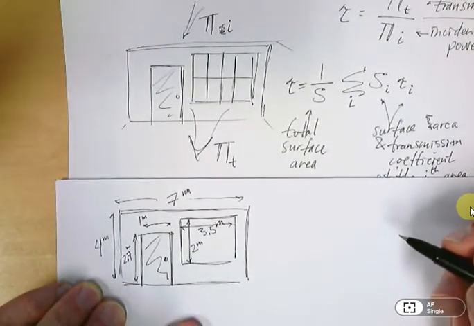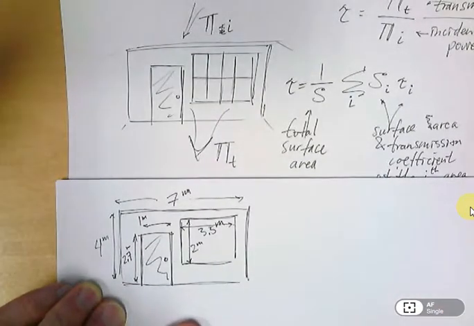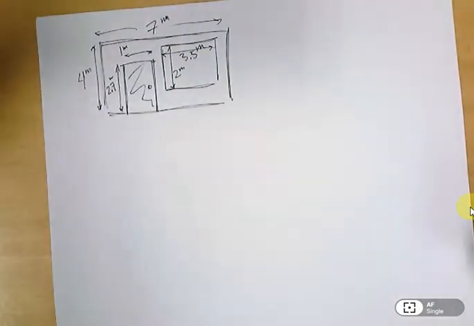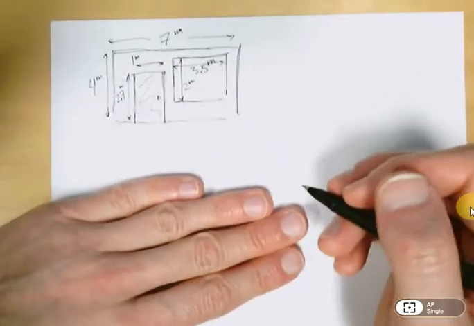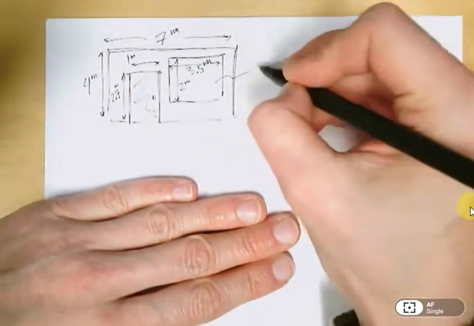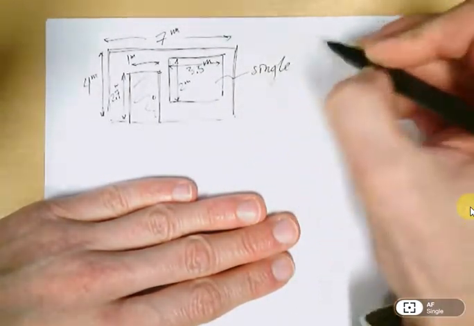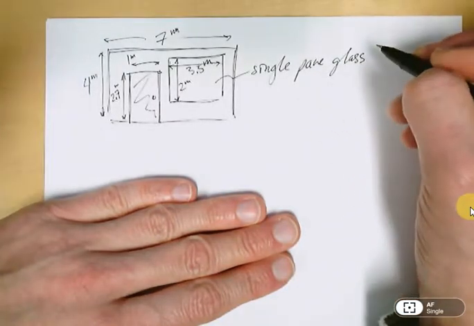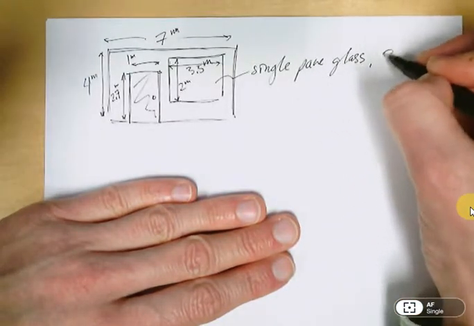Now, in terms of building materials, let's consider that we have a single pane glass of 8 millimeter thickness.